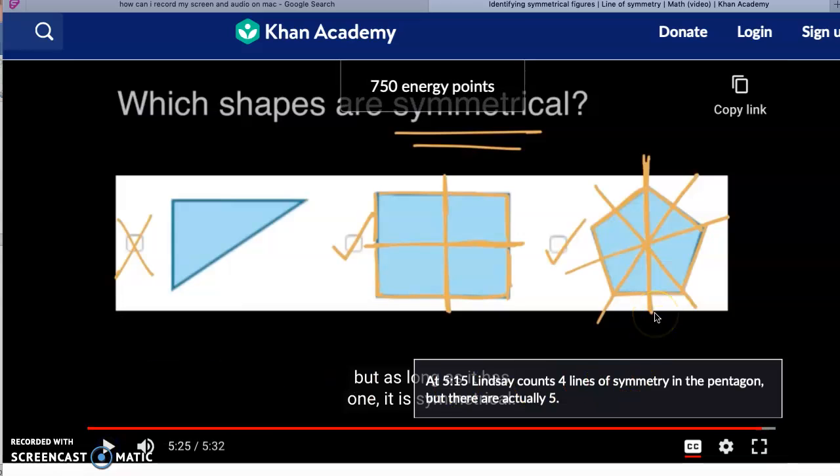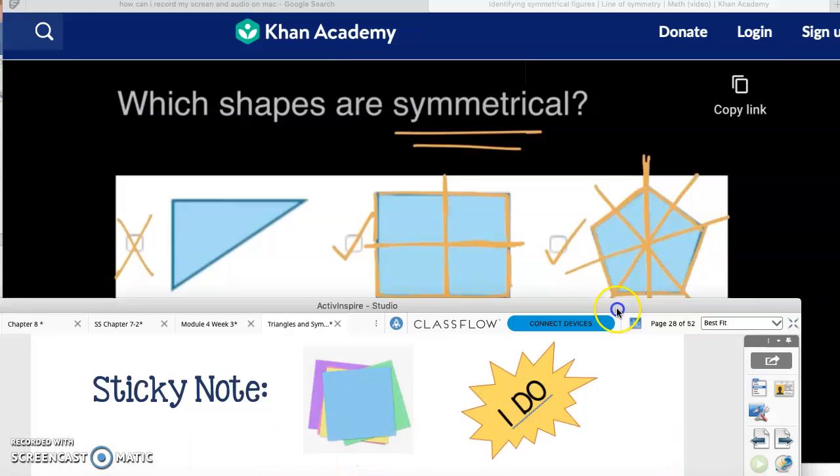Okay, and there's actually one more line of symmetry, and it would go here from the top point of the pentagon to the middle of this bottom line. I'm going to add that on so you can see.